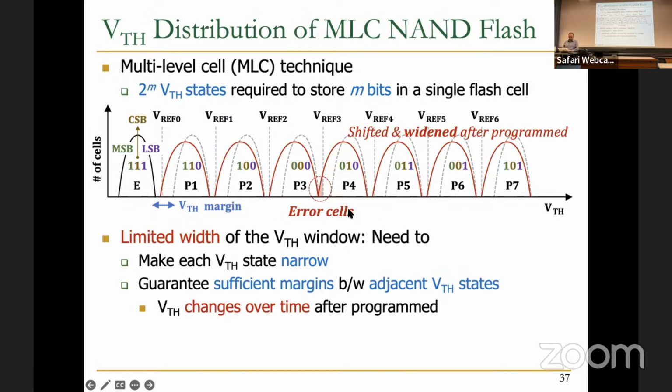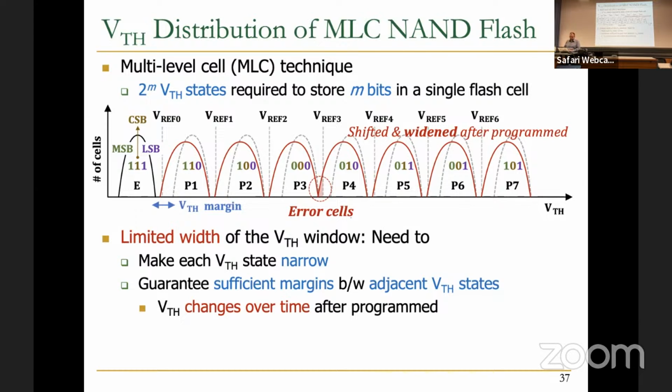The threshold voltage changes over time, so after some time these threshold windows are moving across this axis. It's also not always reducing. You're going to see tomorrow that they may actually shift to the right; it's not only shifted to the left. And it's not only shifted, it's also widened after some programming.